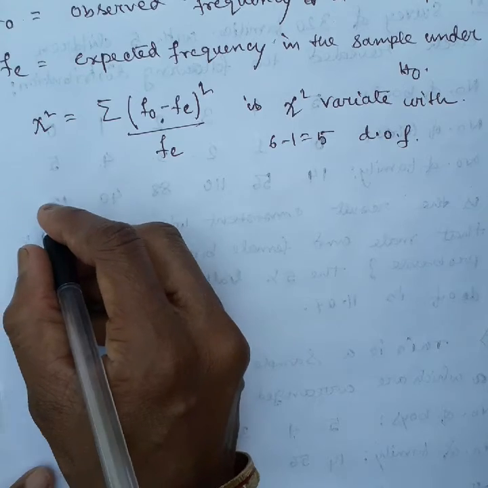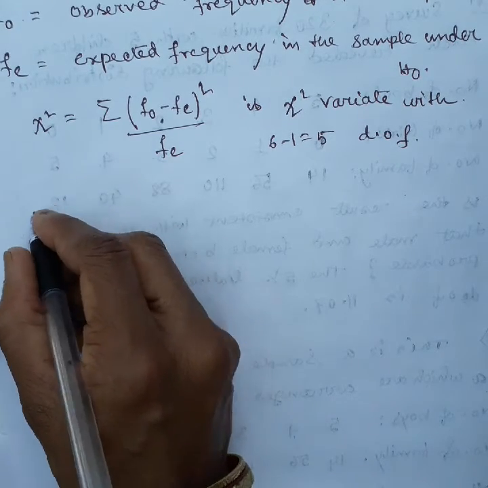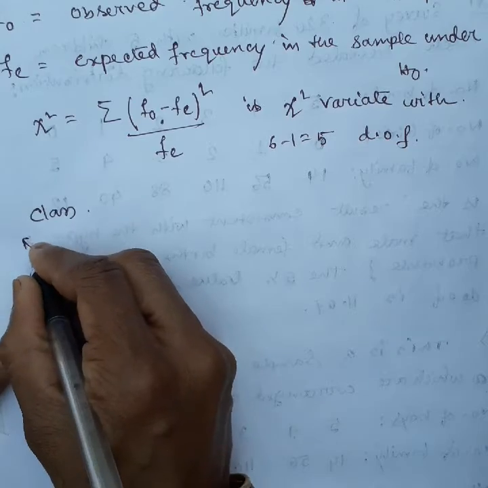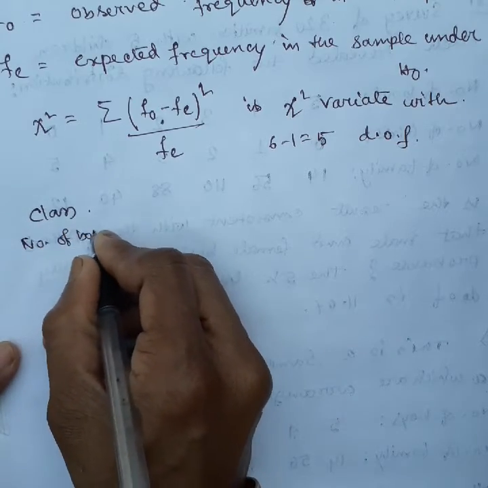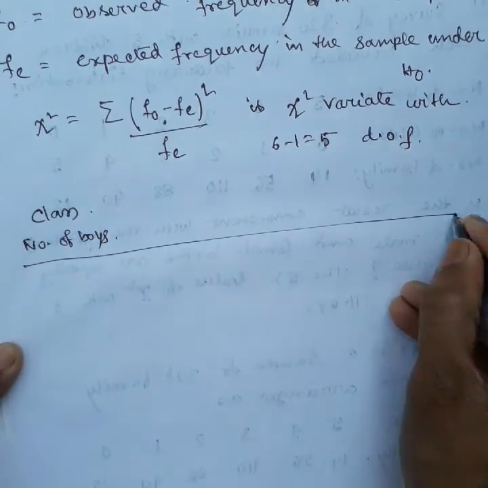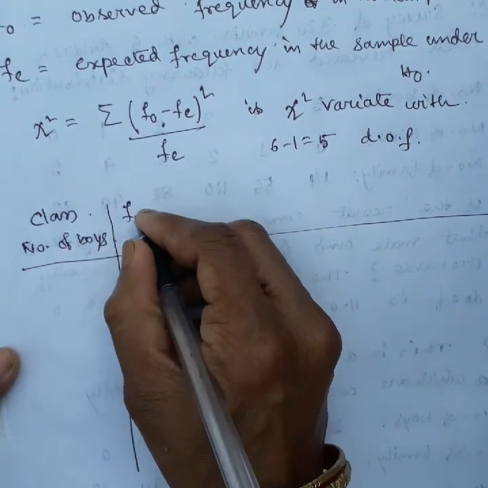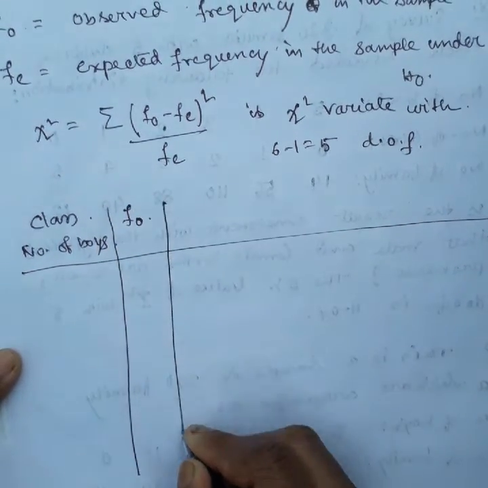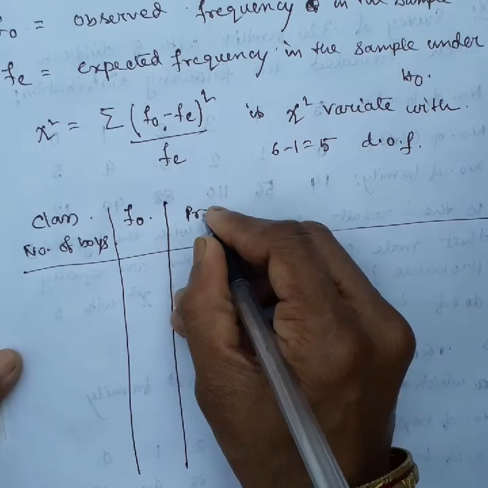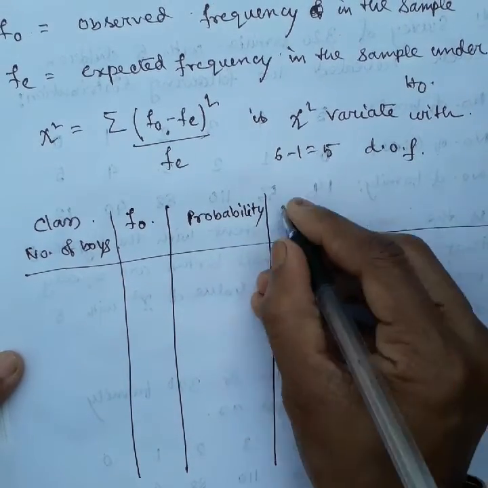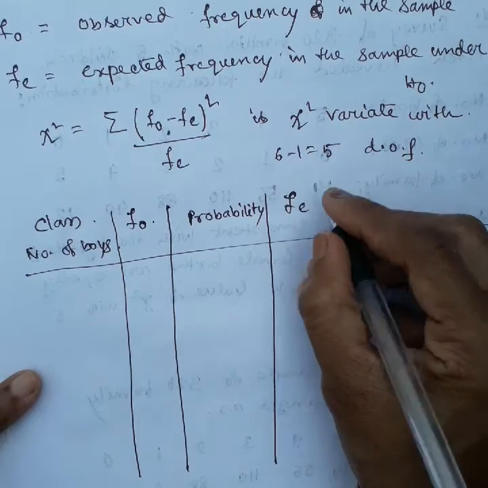Okay, so the corresponding table is, first it is class, that means number of boys, then FO, probability, then FE.